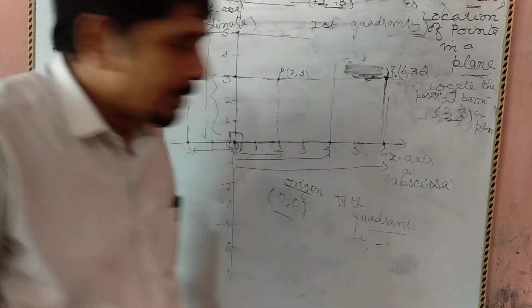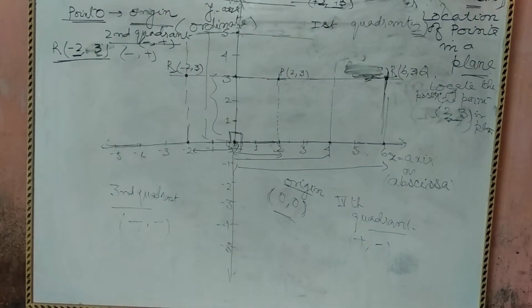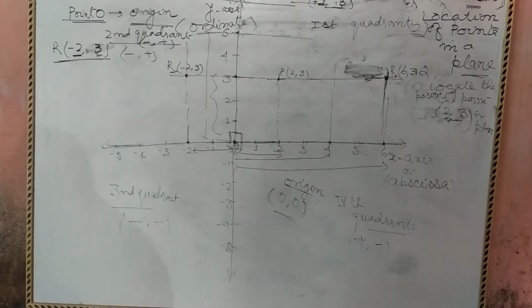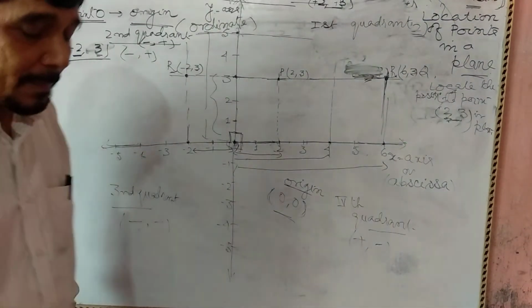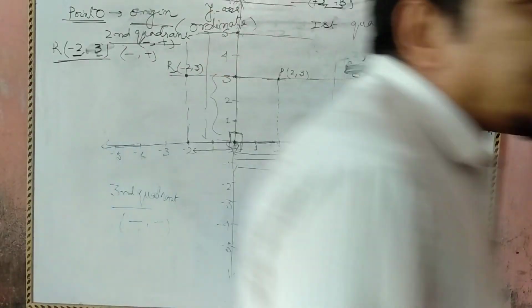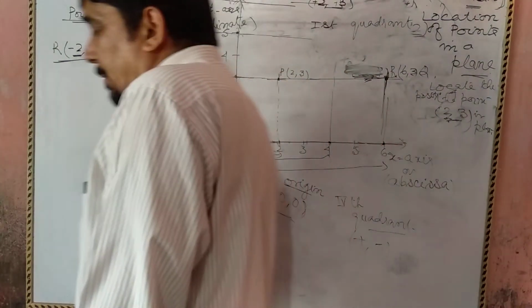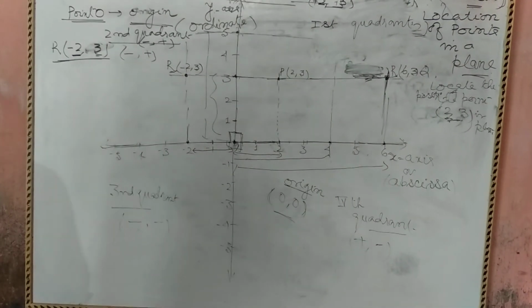And the fourth quadrant, the point lies where the first coordinate is positive and the second coordinate is negative. So by looking at the point in ordered pair, you can easily say that the point lies in each quadrant. Okay.